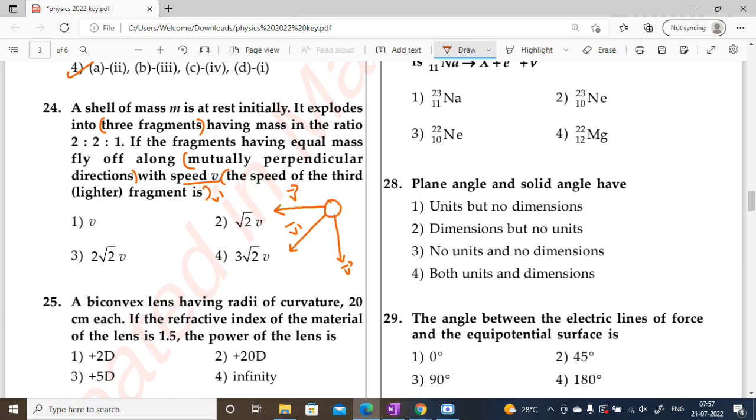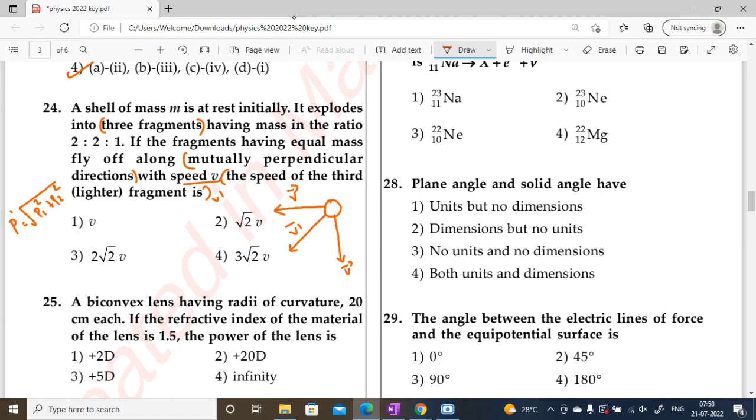They're asking for the speed, and by the conservation of momentum, the resultant of these two particles is nothing but the resultant of the third particle. So the resultant momentum p dash is given by the square root of the momentum of the first particle squared plus the momentum of the second particle squared. I'm using the resultant vector concept here.